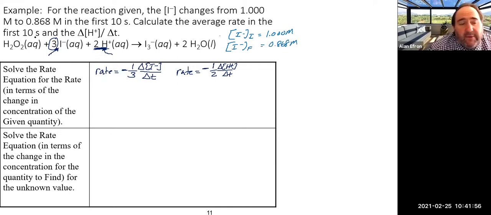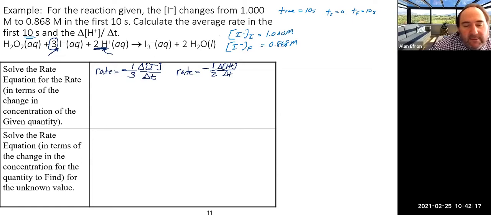We also know it's going over 10 seconds. So the total time is 10 seconds, but we're assuming, and you could make a pretty safe assumption, that the initial time was 0 and the final time is 10 seconds.